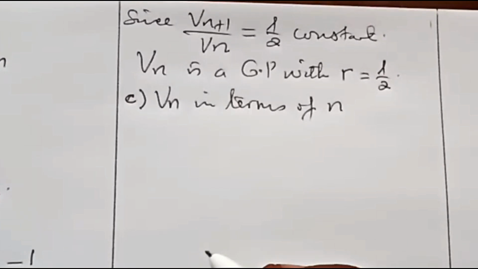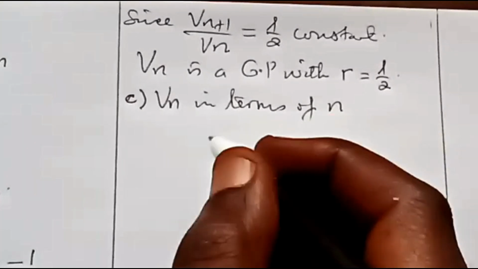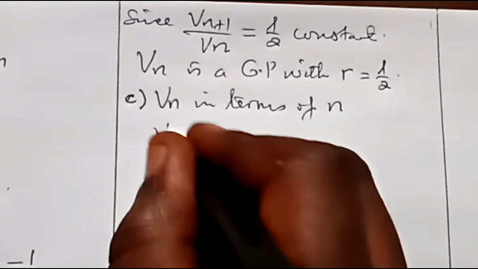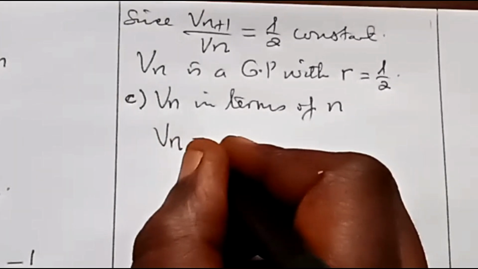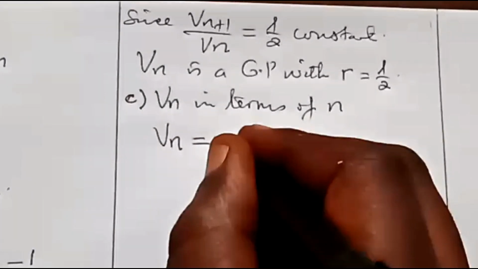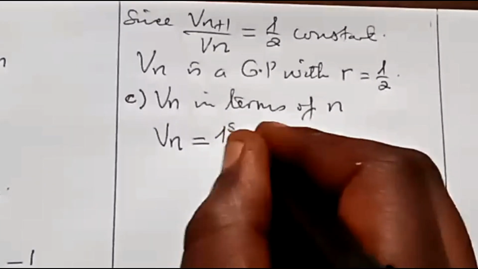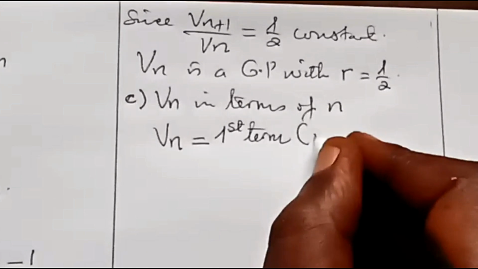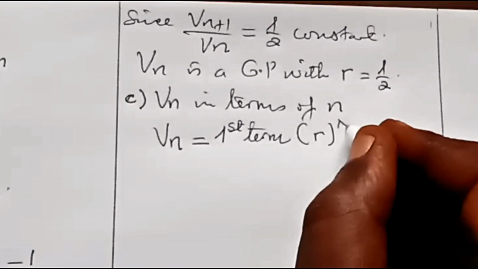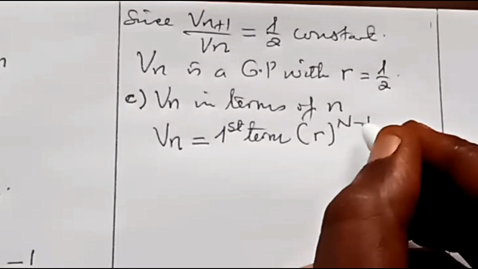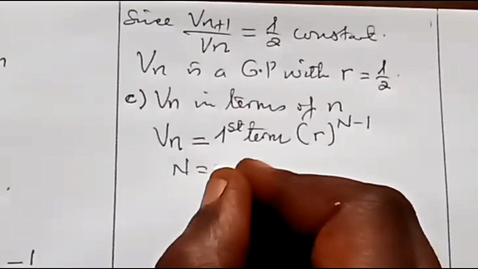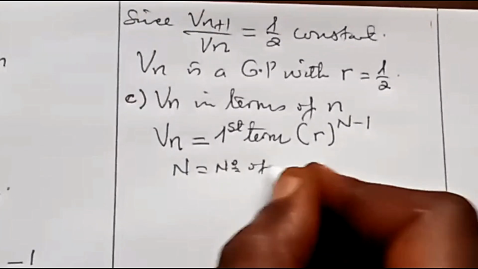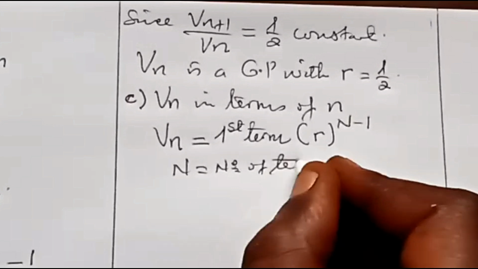And this is simply asking you to find the general term or the nth term. So Vn being a GP, the general term Vn should be equal to, normally the general format is the first term into the common ratio raised to the power n minus 1, where n is the number of terms.